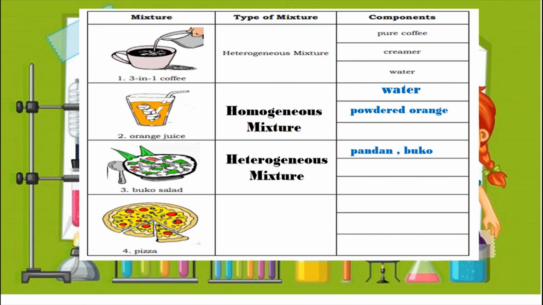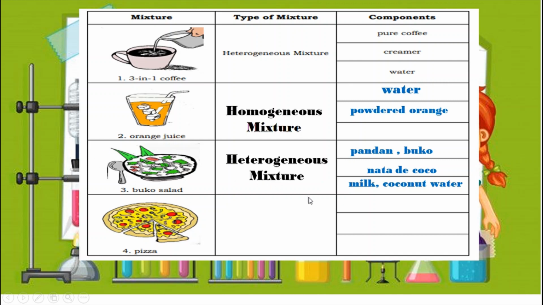Naa siya pandan, naa siya buko, naa siya natadi kuko, naa pod siya milk, naa pod siya coconut water katong tubig mismo sa buko. Mao na siya component sa buko salad. Okay? Buko salad heterogeneous mixture kay makita man nato pagkahagag sagol o kita dayon nato ang mga mixture diri, children.